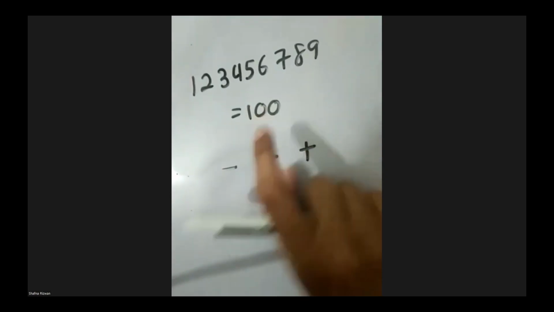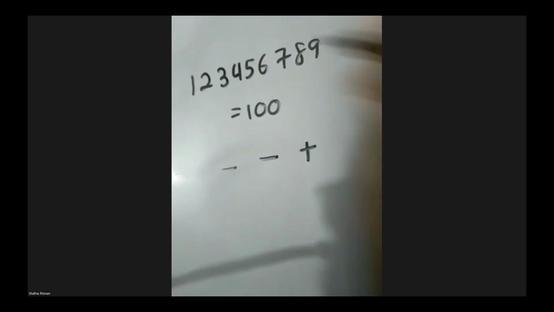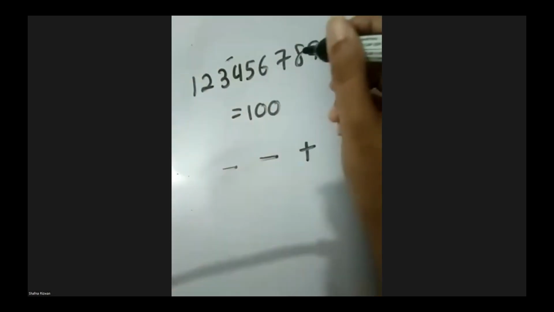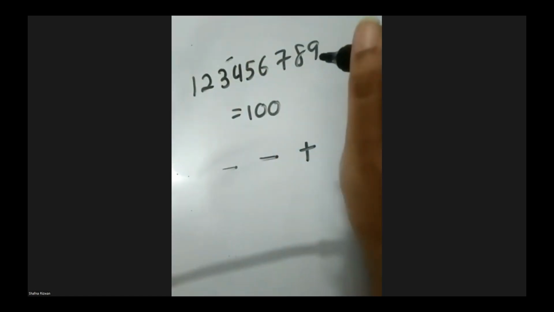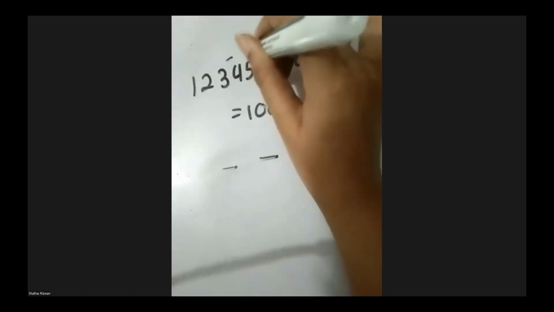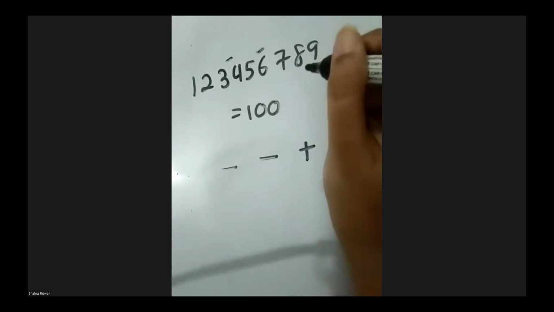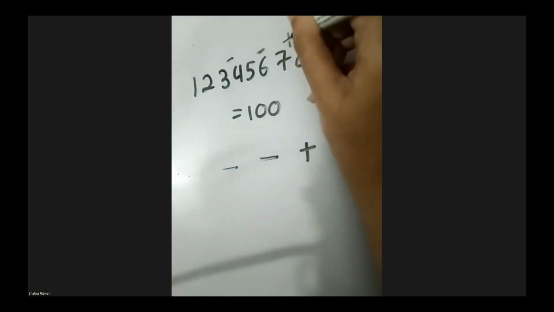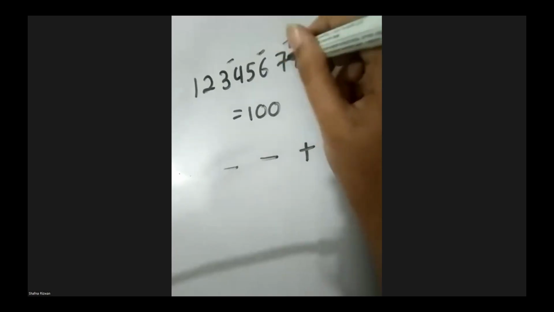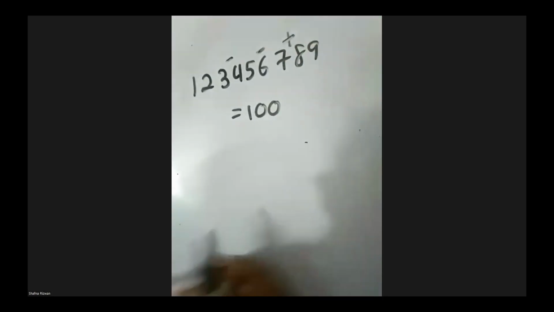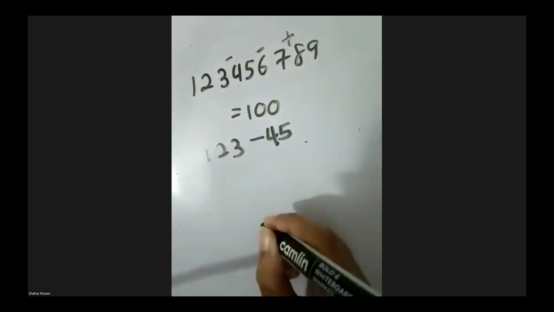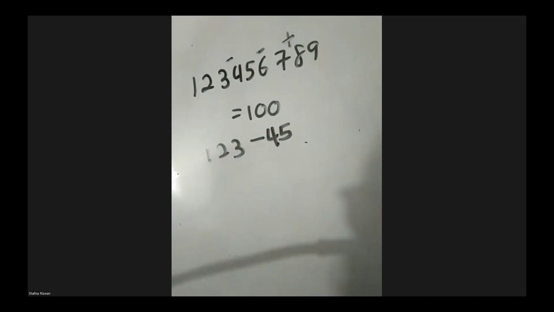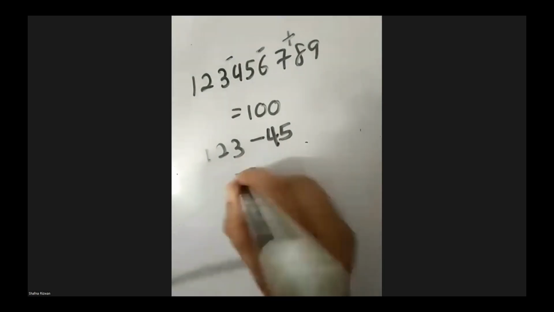Where can you put them? If you take 1, 2, 3, near this I can put minus. That means 123 minus 45, then minus 67, and if I add 8 here, 67 plus 8, it will give you 100. Let's see. 123 minus 45, how much will you get? 78, right?